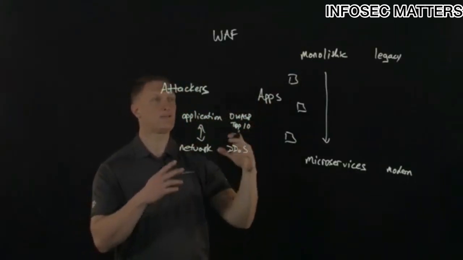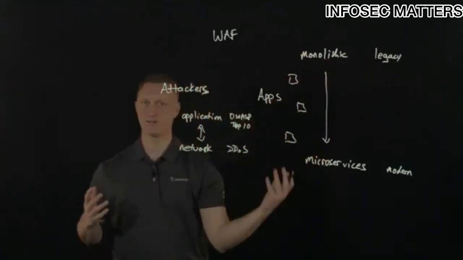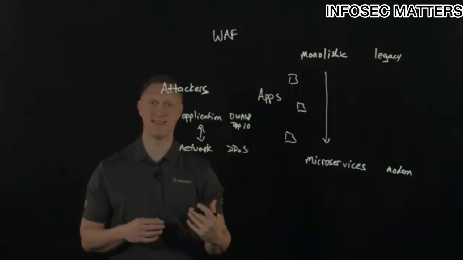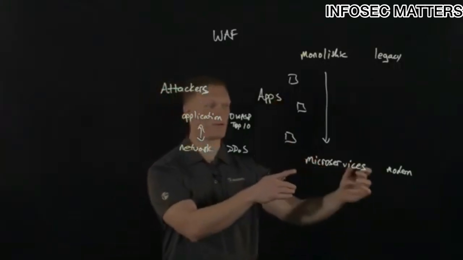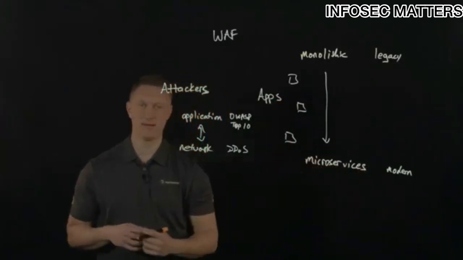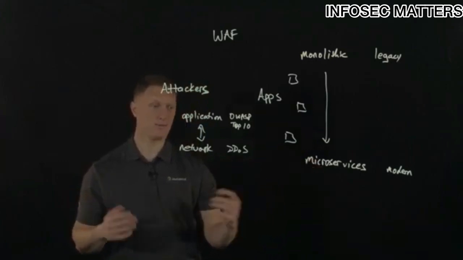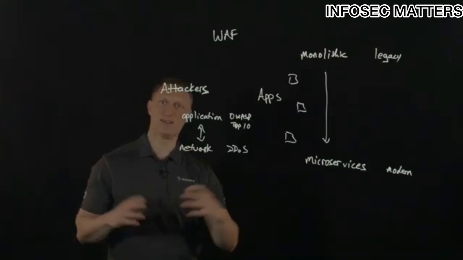So let's say you have a monolithic legacy type application, that's not going to change very often. It's not going to be updated 1,000 times a day, right? It's just not the nature of the way that it's built. Whereas a microservices-based application is literally updated 1,000 times every single day with DevOps practices and the whole CI/CD pipeline.